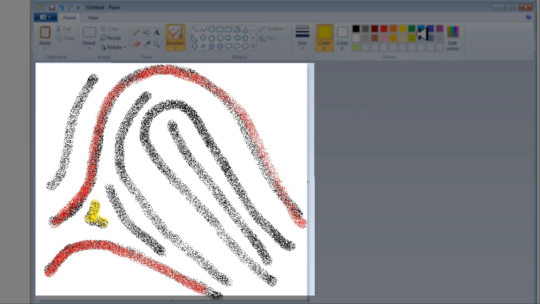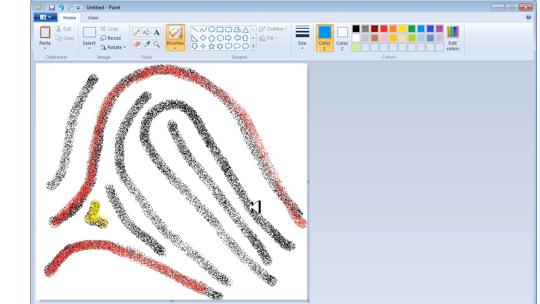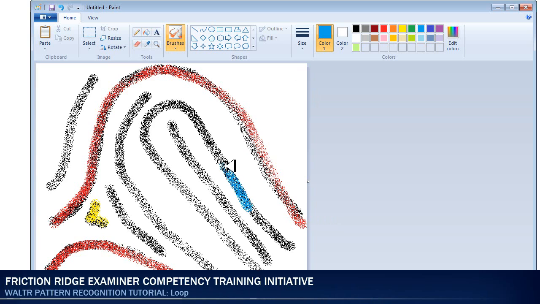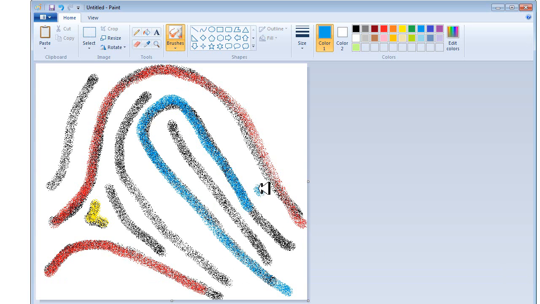And the third component of the loop is a ridge that starts out on one side, rises, curves, recurves, and returns to the other side. And let me put another one in here. It starts from one side, rises, curves, recurves, and now it's returning.